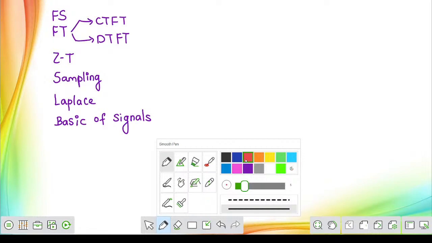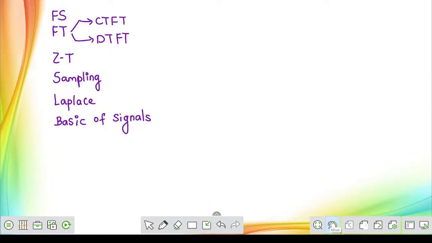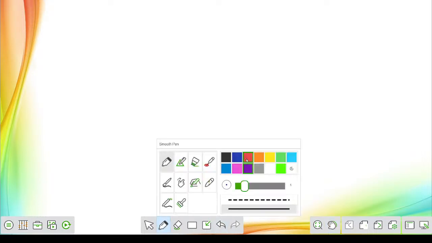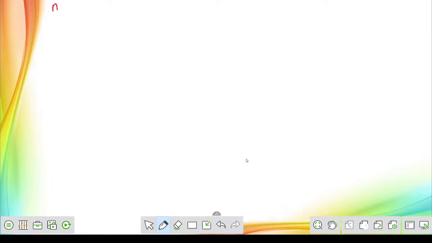If you are observing the nature of the impulse signal in discrete domain, I will show you. So the first one in discrete domain, we are discussing is the impulse function. First of all, in discrete domain, representation of the signal is by using n.